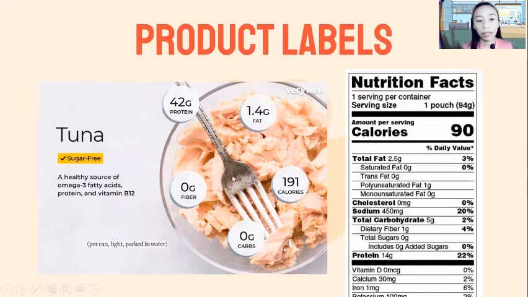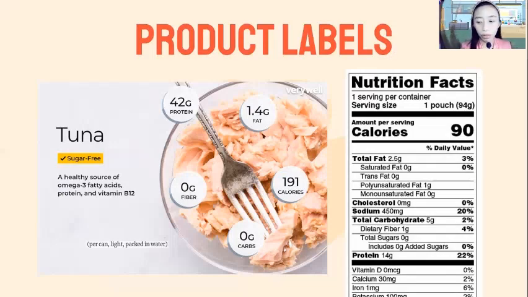It says that it's sugar-free with 42 grams of protein, 1.4 grams of fat, 0 gram of fiber, 191 calories, and 0 gram of carbs. This is one importance of product labels because it can easily help you identify the different contents of that product.